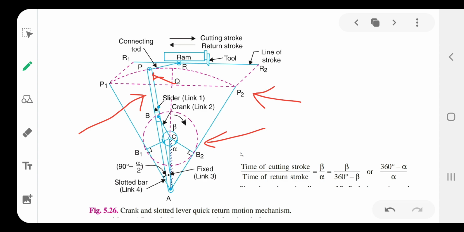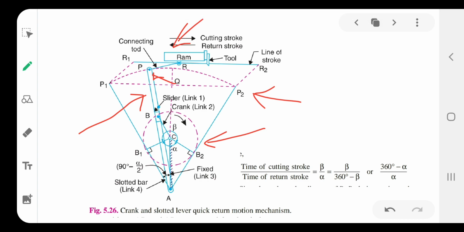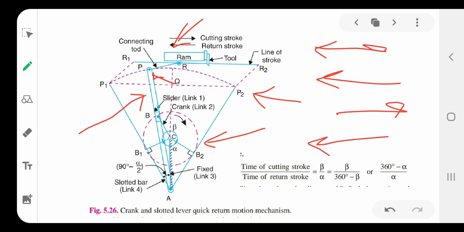Look at that, the slotted bar is also connected with the connecting rod, and the connecting rod is connected with the ram. This is the ram. As the slotted bar moves, the ram also moves horizontally forward and backward. So forward is a cutting stroke, and backward is a return stroke.